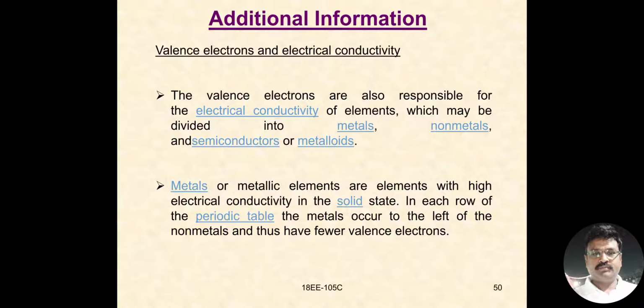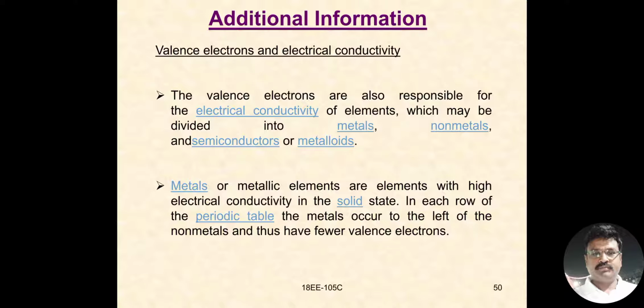Valence electrons and electrical conductivity. Some additional information on valence electrons and conductivity. The valence electrons are also responsible for the electrical conductivity of elements, which may be divided into metals, non-metals, and semiconductors or metalloids.